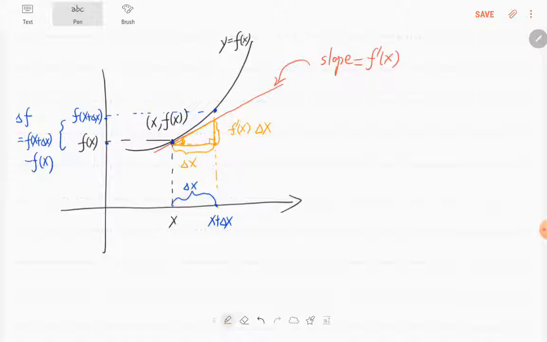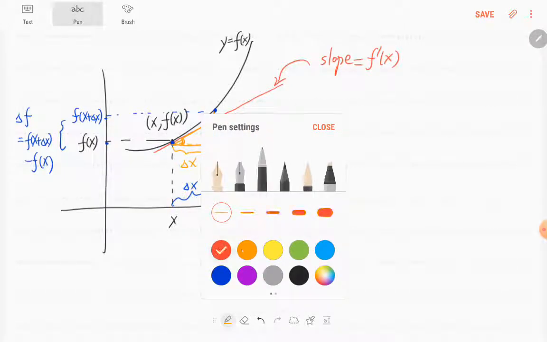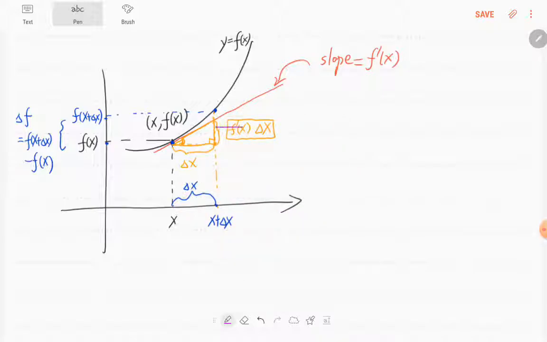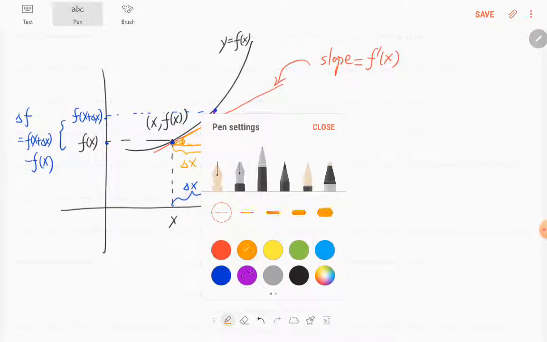So we can use this number to approximate this part. This part is the actual change, and this is the approximation.